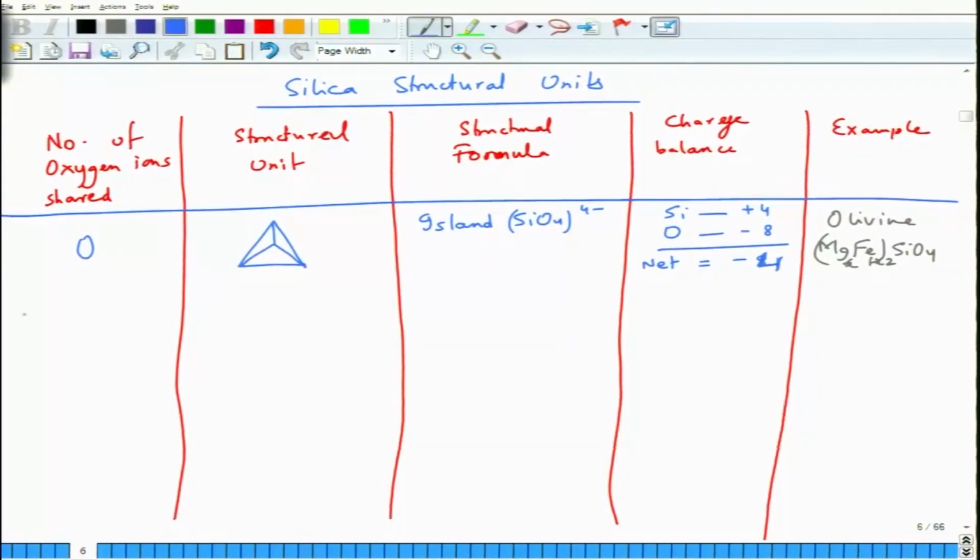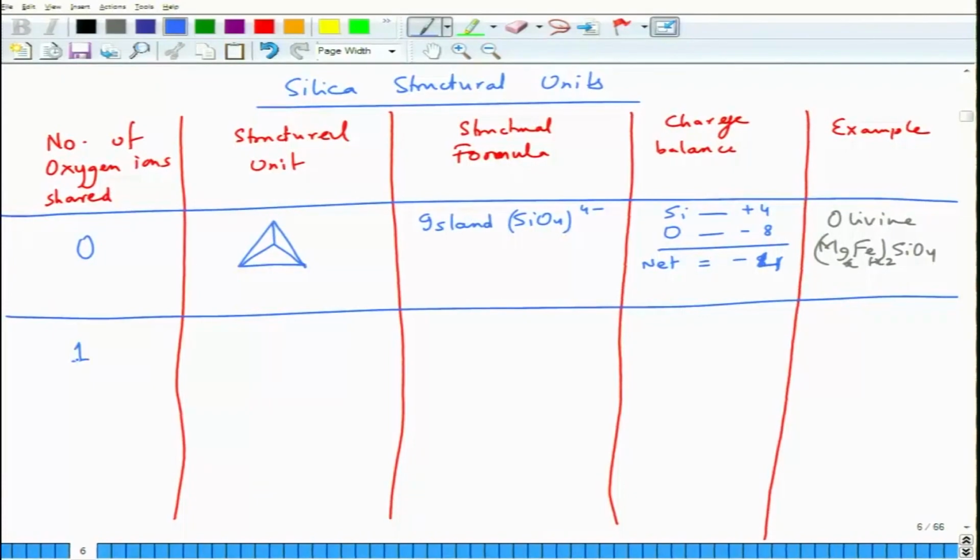The second structure in this category would be when the number of shared oxygen atoms is equal to 1, and in this case you have the first polyhedra like that, second polyhedra like that, like this, all right.